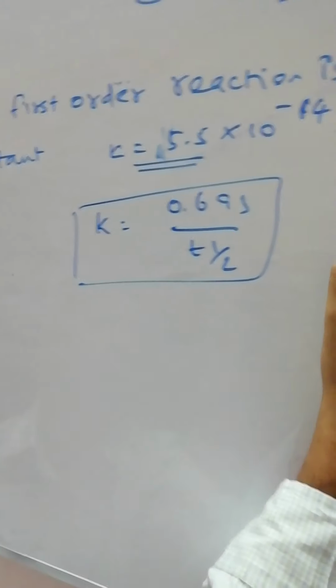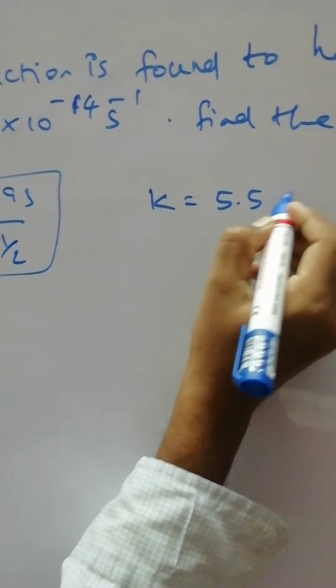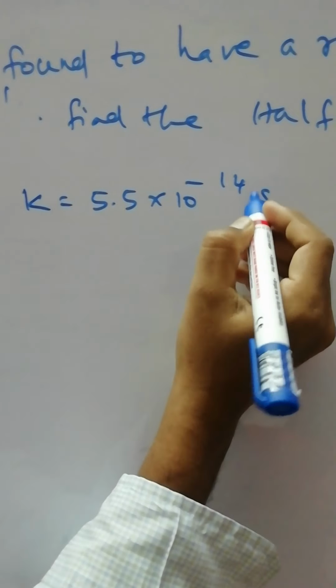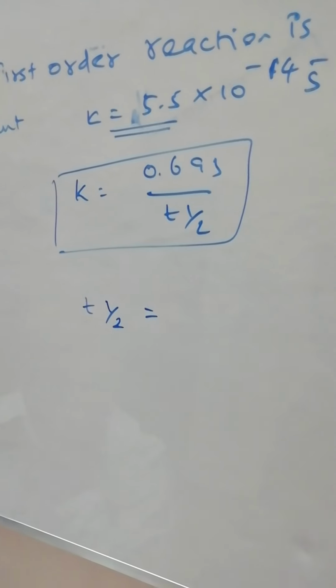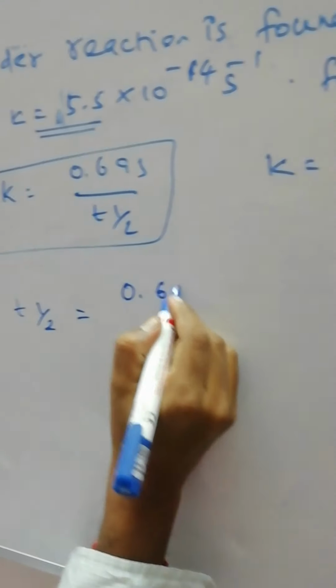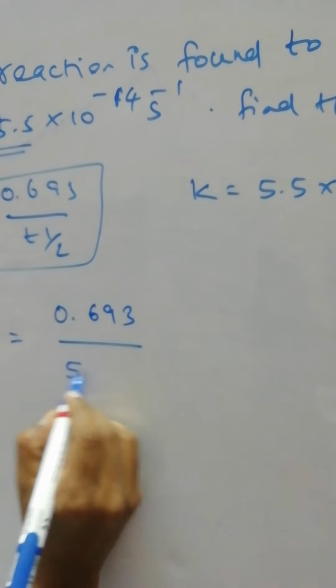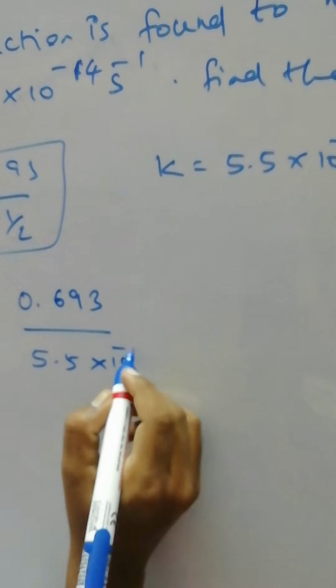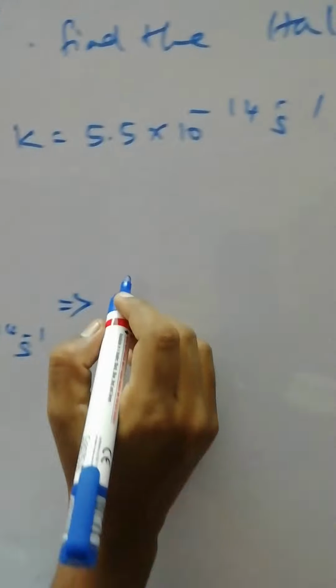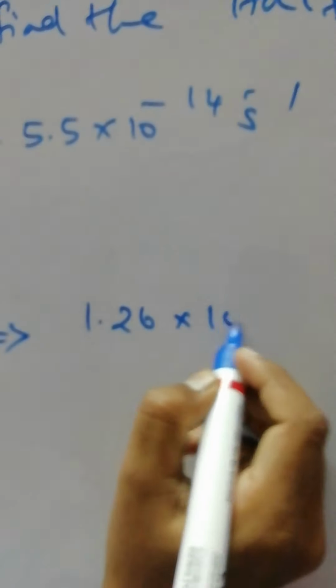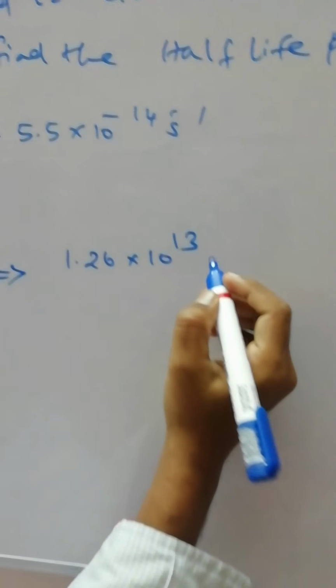Now here k is given, k is equal to 5.5 into 10 to the power minus 14 second inverse. We have to find the half-life period only, so we have to alter the equation: 0.693 by 5.5 into 10 to the power minus 14 second inverse. On simplifying these, you will get the answer 1.26 into 10 to the power 13 seconds.